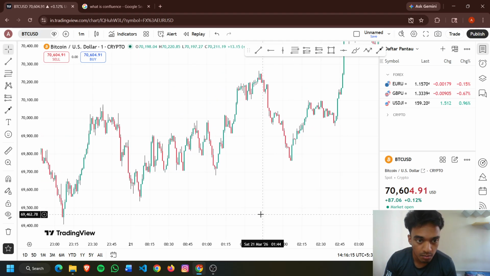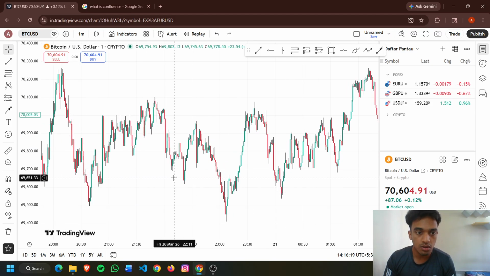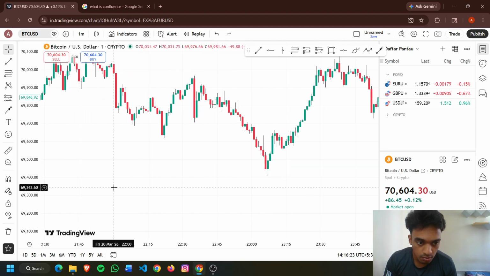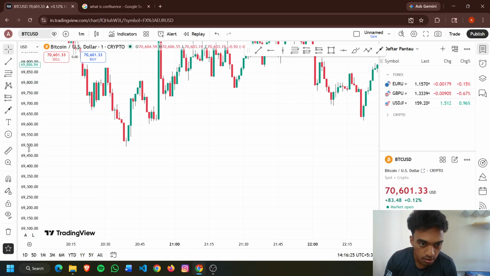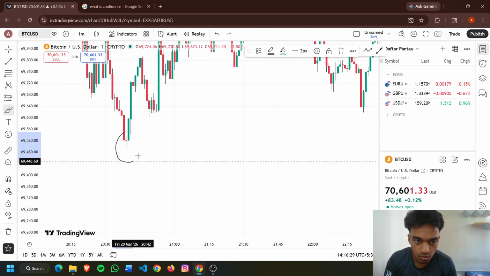Let me show an example over here. Usually there will be a doji candle. This one, see, before an up move happened, this one is a doji candle.